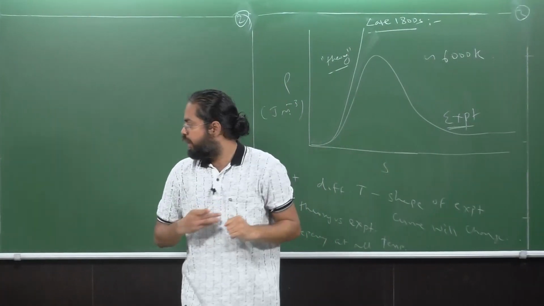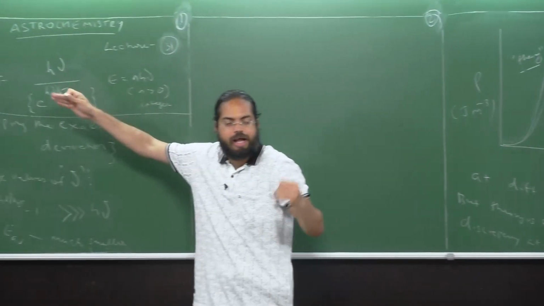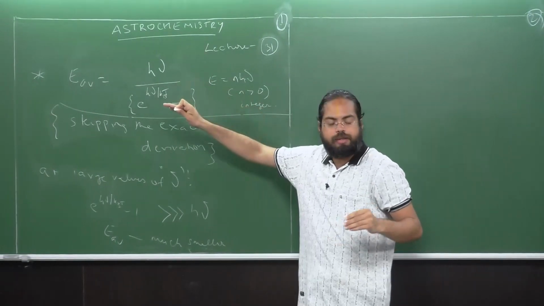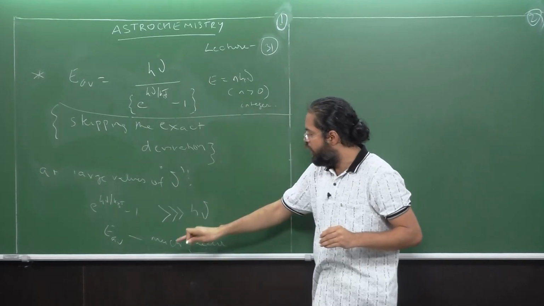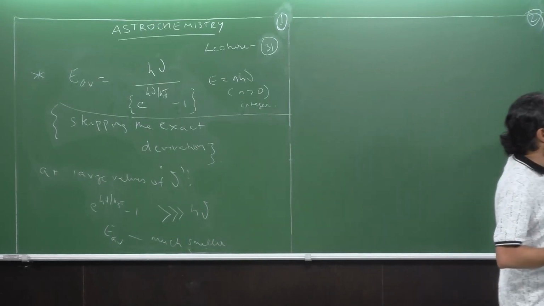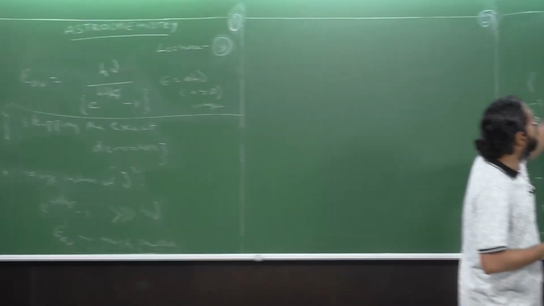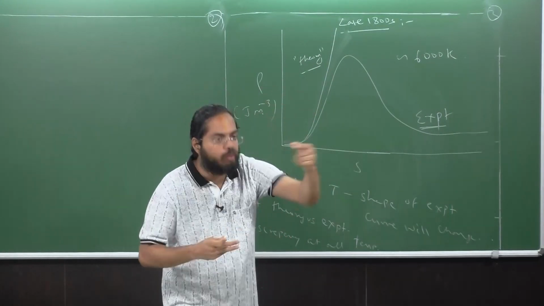So because the E average is much smaller, I had stopped the last class by telling you that Planck used this expression, and so the average is going to be much smaller, and so we can conveniently ignore such larger frequency contributions to the theory curve. This is where we stopped. We shall elaborate upon it in this class.